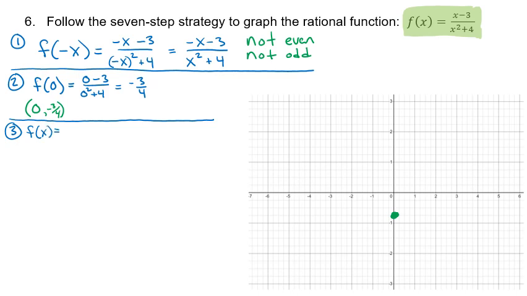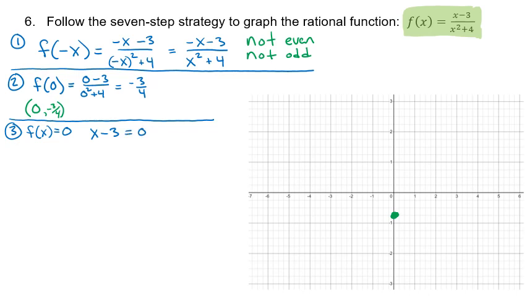Okay, let's get our x-intercept or intercepts. There could be more than one, but in this problem, I think we're only going to get one. So we set the function equal to 0, and we only need to set the top equal to 0. So x minus 3 is equal to 0.